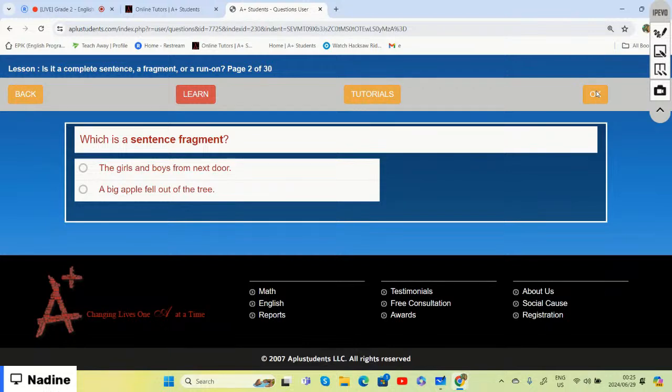So is it the girls and boys from next door, or the big apple fell out of the tree? Remember, we said a sentence fragment is either missing a subject or it's missing a verb.